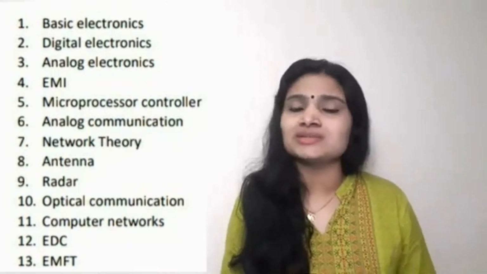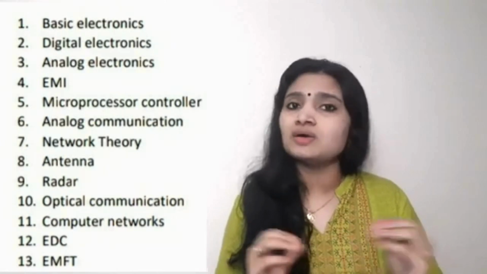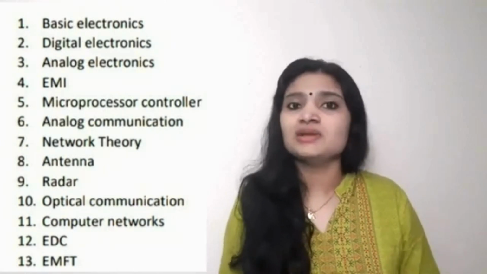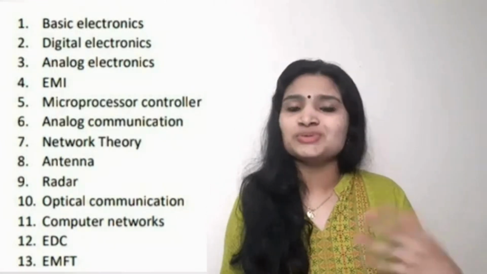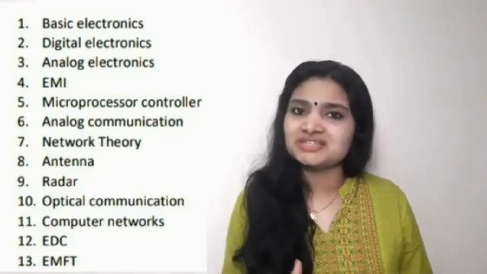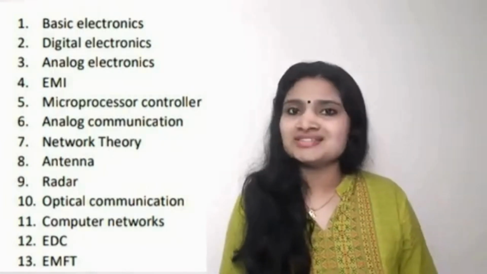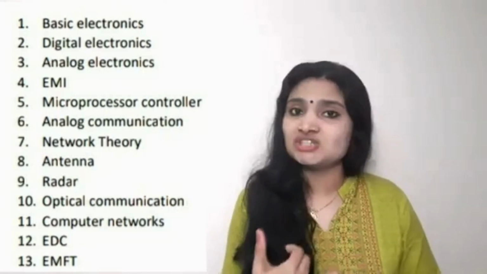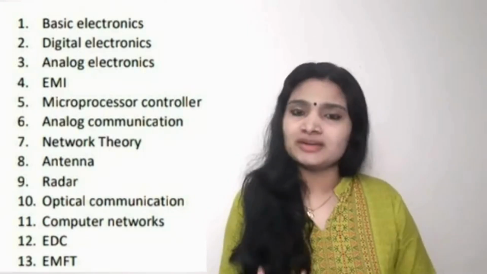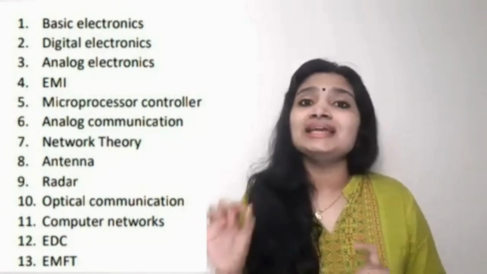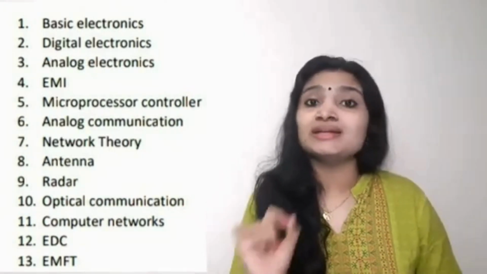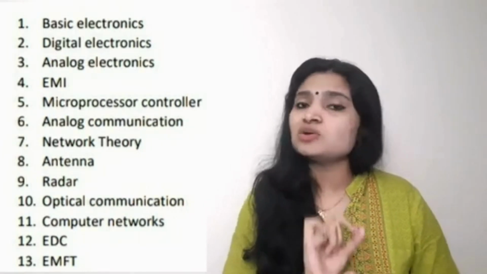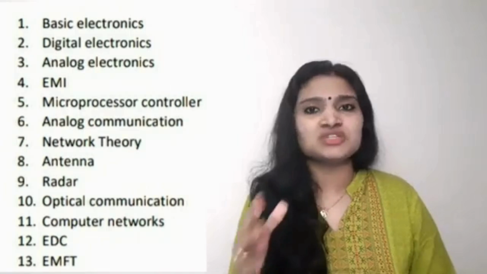If you talk about the total syllabus, you have to study all your important subjects from your diploma. But if you take the weightage of various subjects, the most important ones are these. First one is basic electronics, second digital electronics, third analog electronics, fourth EMI, which is electronic measurement and instrumentation. Especially for all diploma examinations, this subject is very important.